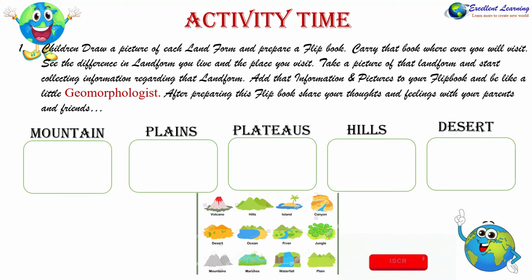Children, take a picture of that landform and start collecting information regarding that landform. Now add that information and pictures to your flipbook and be like a little geomorphologist. After preparing this flipbook, share your thoughts and feelings with your parents and friends.